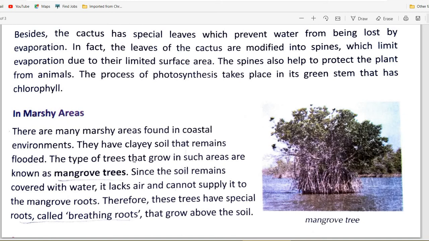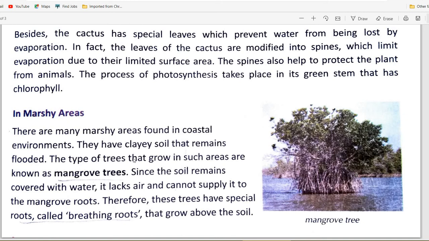So the air cannot supply to the roots of these type of trees. So these type of plants have special roots which come out and these roots are called breathing roots.